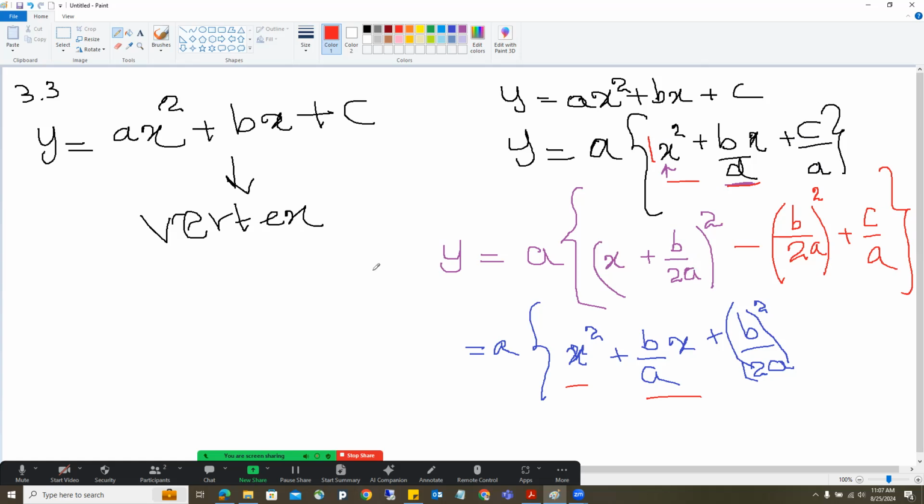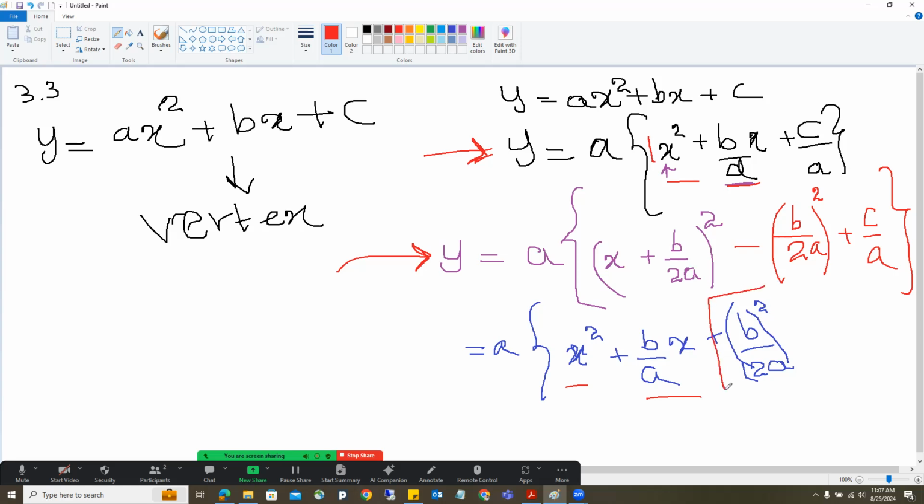If you simplify this entire equation, you will receive the same equation we have here. So there's an extra b over 2a squared that you want to remove, so you subtract. Yes, I just subtract.